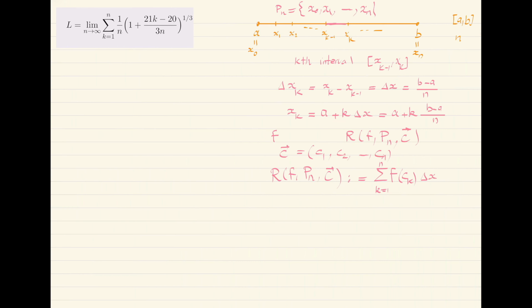So in principle, if someone guarantees that the function is integrable on the interval we are working on, then the limit of these Riemann sums for any chosen tag, that's important, any chosen tag, approaches the value of the integral of your function on the interval from a to b. So that is the importance here.